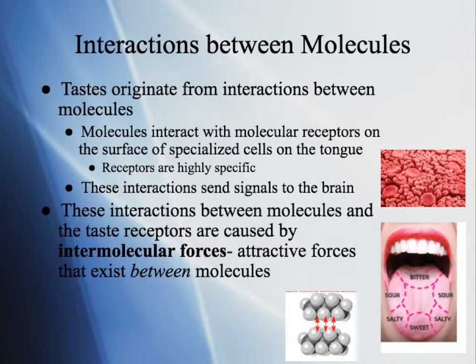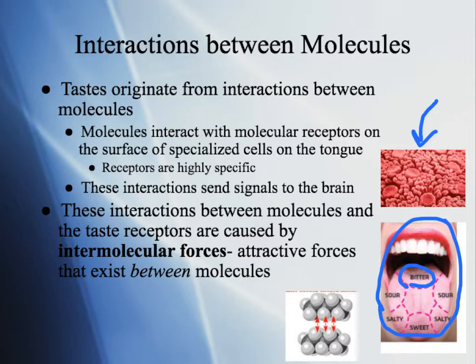So here's a picture of an up-close microscopic view of different taste buds. And down here in this picture, we can see where on our tongue we can taste certain types of tastes. In the back of our tongue is where the bitter taste is usually found.